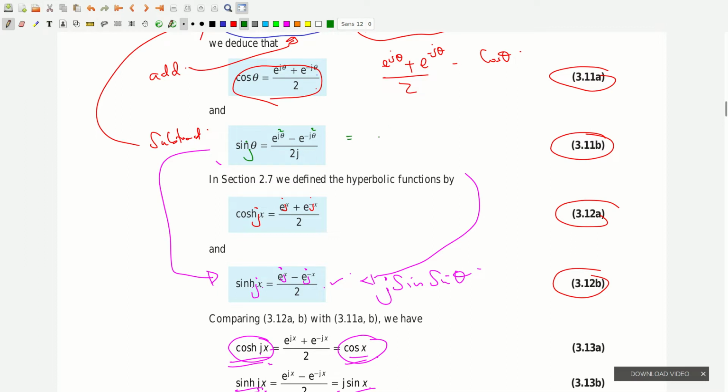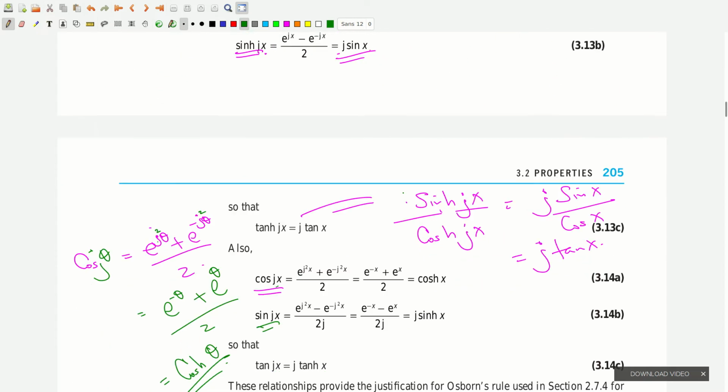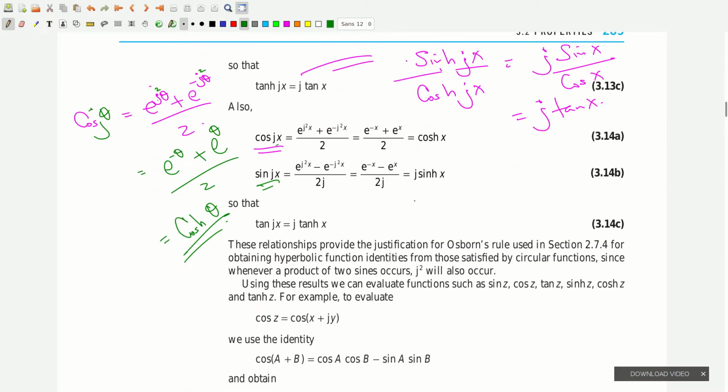Then we know that j squared is -1, so you have that, and j squared is -1 times that negative, you get a positive, divided by 2j. We know this is simply going to be j times the hyperbolic sine of x.